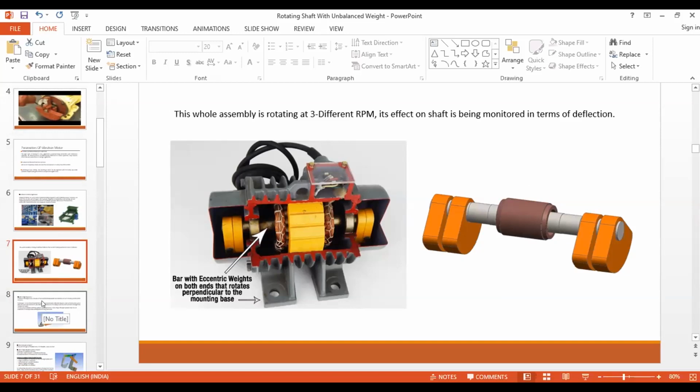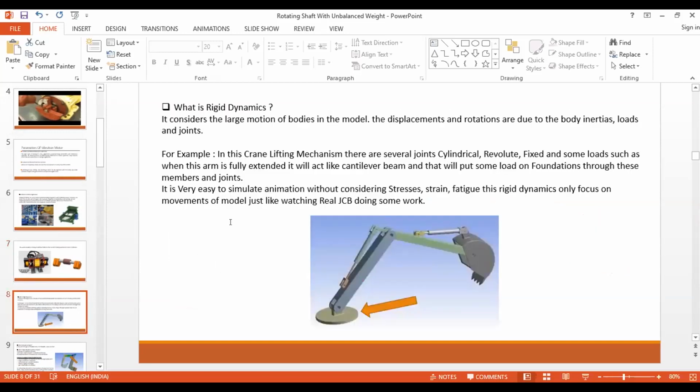To move further, I will tell you what type of systems we are going to use, and I will explain in detail why we are using these systems in my project.